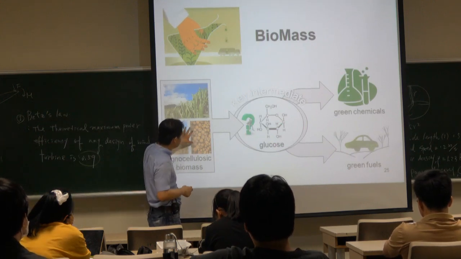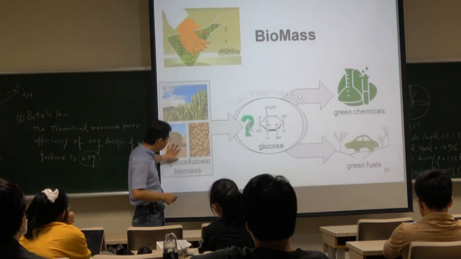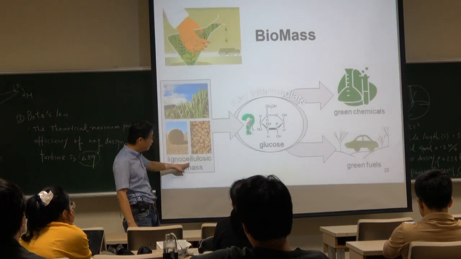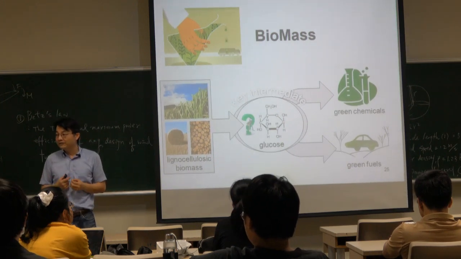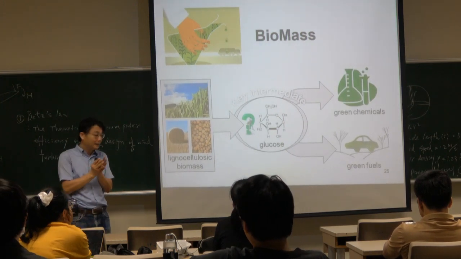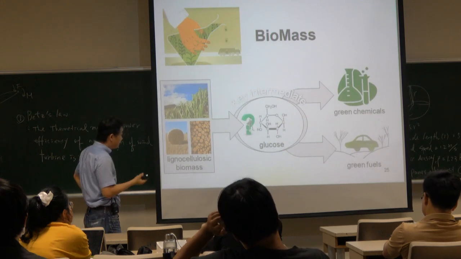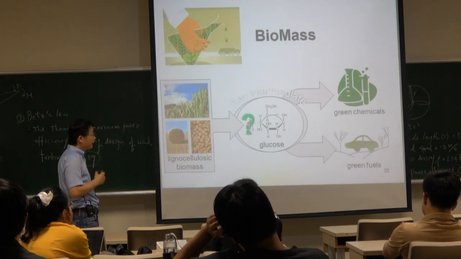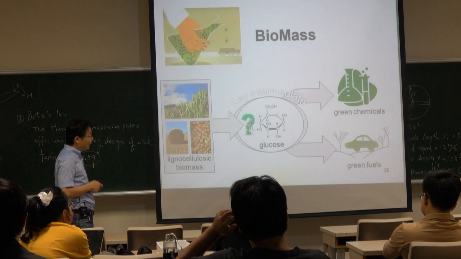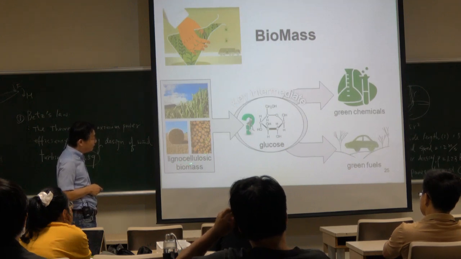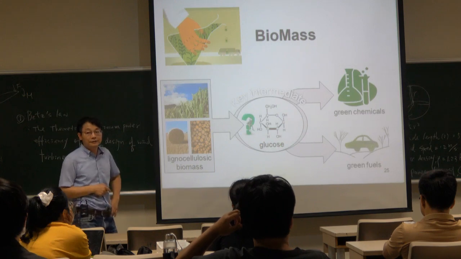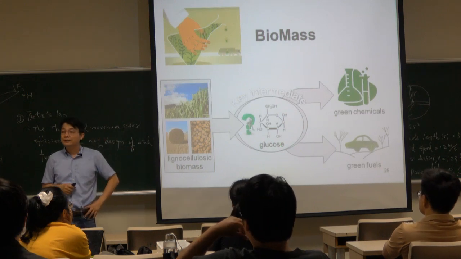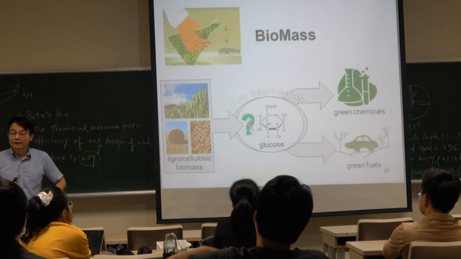This waste includes cellulose. You know cellulose, it's just like a fiber. You have hemicellulose and also cellulose. Later I will discuss that. The major composition of cellulose is glucose. Glucose is one of the small sugars.